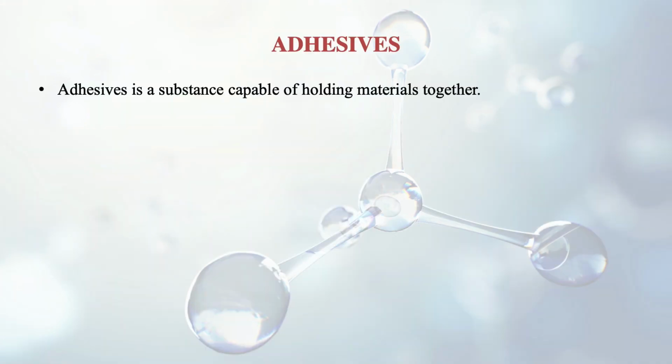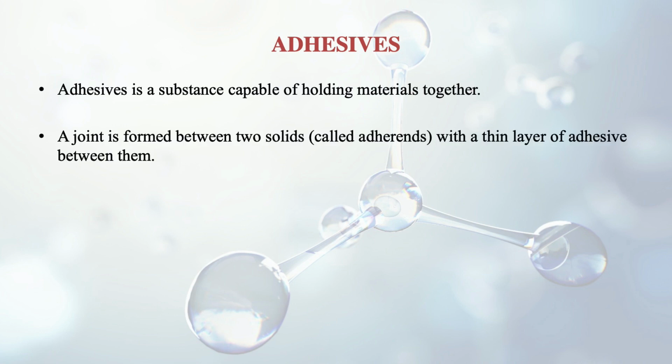So further we now move on to adhesives. After discussing various kinds of composites, we discuss adhesives. An adhesive is a substance capable of holding materials together, and a joint is formed between two solids, known as the adherends, with a thin layer of adhesive between them. They are very much in use nowadays.